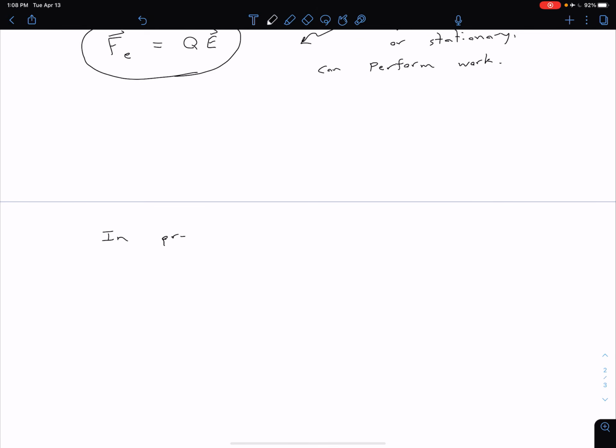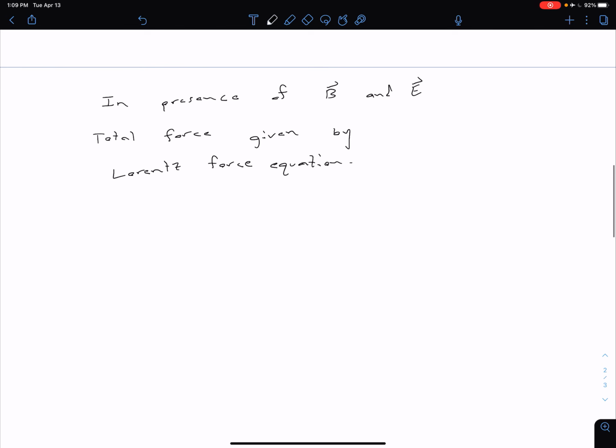So, in the presence of B and E, we're going to have both of these, and our total force is given by something called our Lorentz force equation. Really all it is pretty simple. We're just going to write the two together.